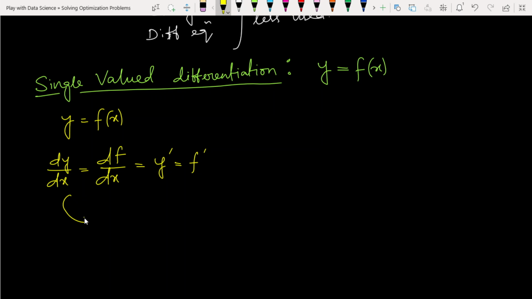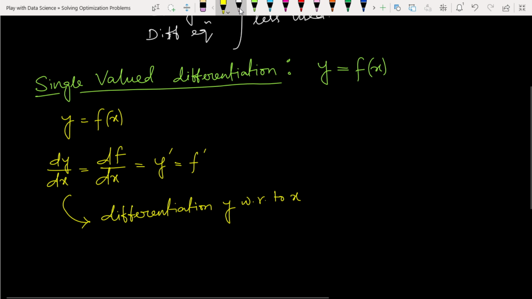Mathematically we call it the differentiation of y with respect to x. This is the notation of single value differentiation.